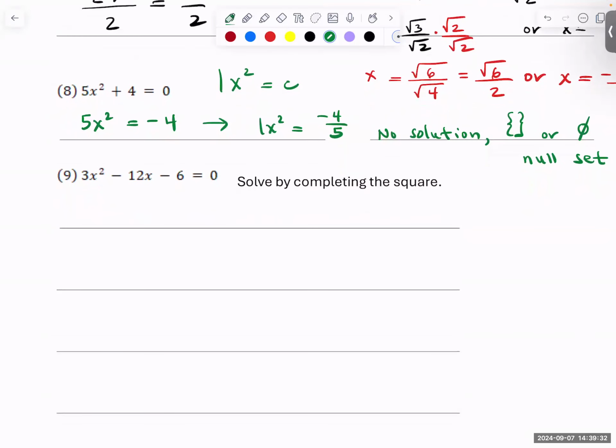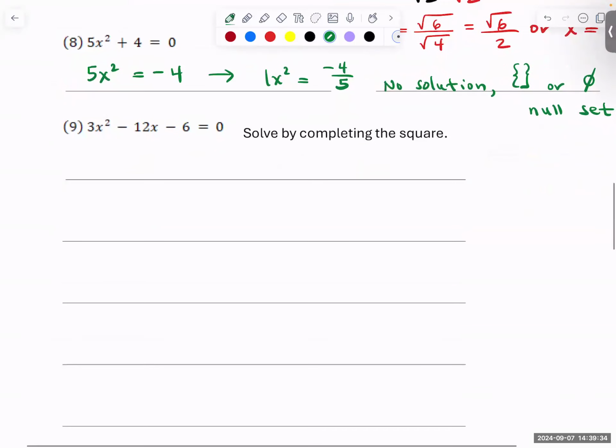Number 9, solve by completing the square. The first step is the leading coefficient must be 1. It is 3, so we're going to divide through every term by 3. 3 divided by 3 is 1x squared. 12 divided by 3 is 4.